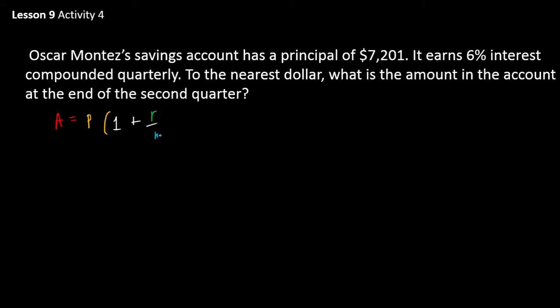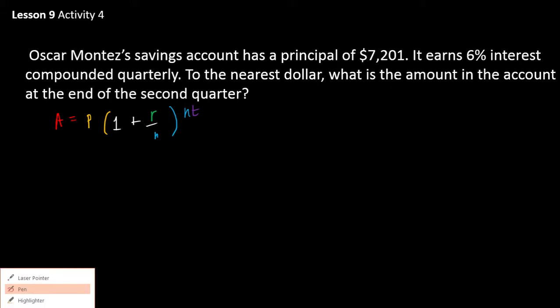We'll get to n in a second. N reappears in this exponent and we multiply by time. So A equals P times the quantity 1 plus r over n to the nt.